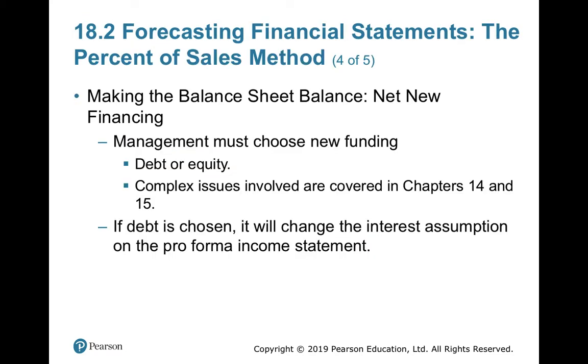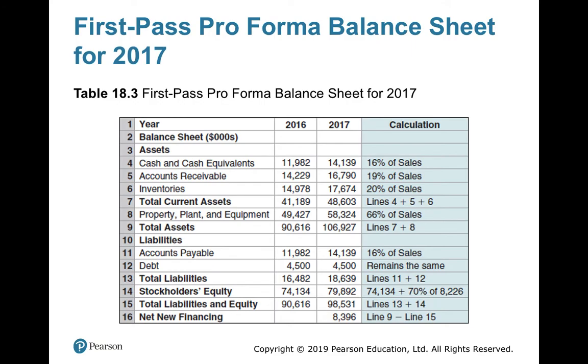Now the question is how it will balance. For the 8,396 we have to create new financing either through debt, through equity, or through retained earning. Either of the three ways, the company can raise the money. Retained earning: already 70% is added here.